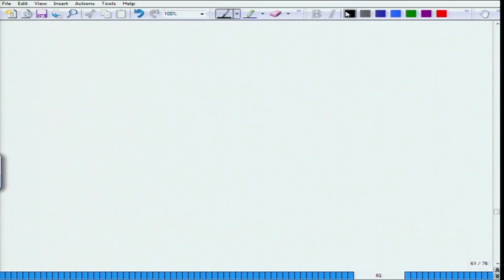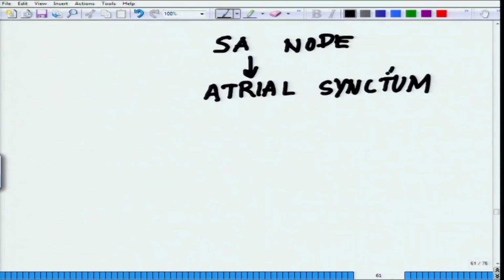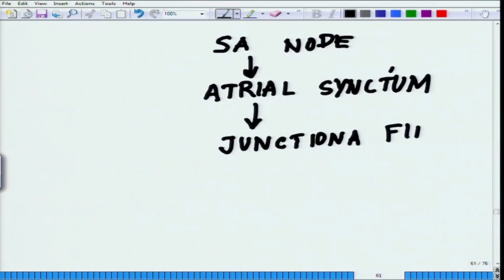So, it starts from the SA node. The first step is at the SA node. From the SA node, it moves to the atrial syncytium. So, basically all the atria, or the two upper chambers, get stimulated. From there, it moves on to the junctional fibers, which are just before the AV node.